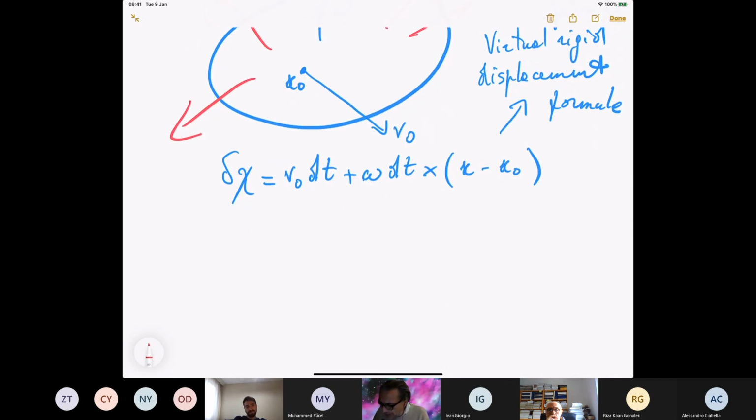What is the work done by F on the virtual displacement? It is the integral on the body, on the actual configuration of the body, of dF, the density of force.